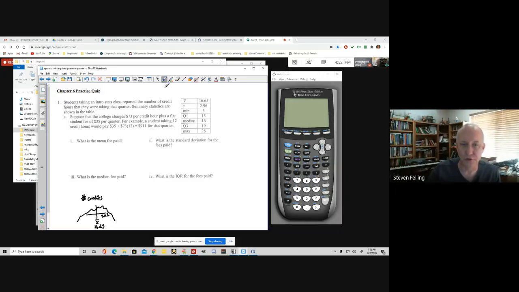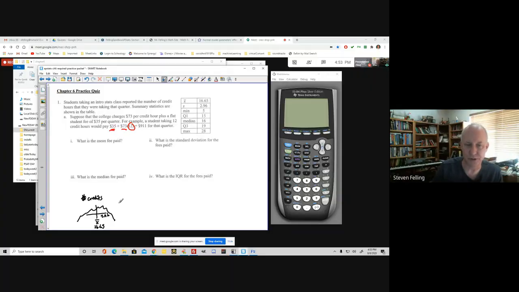Then we're going to transform this data because it says, suppose the college charges $73 per credit hour plus a flat fee of $35 per quarter. So for example, if a student takes 12 credit hours, they would have to multiply 12 by $73 for each credit hour, but then they add on the 35.